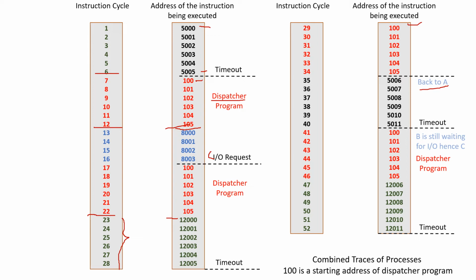It should go to the next process, right? So again the dispatcher program will run, but process B is still waiting for the IO operation. So process B is not ready for execution. So the control will go to process C. Process C will start running from 12006, and it will execute for the next 6 instruction cycles.